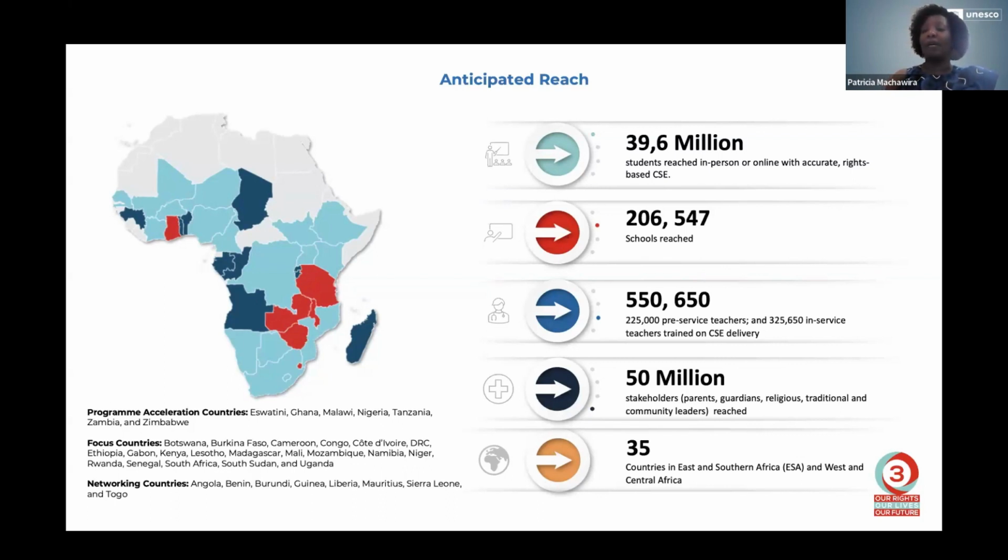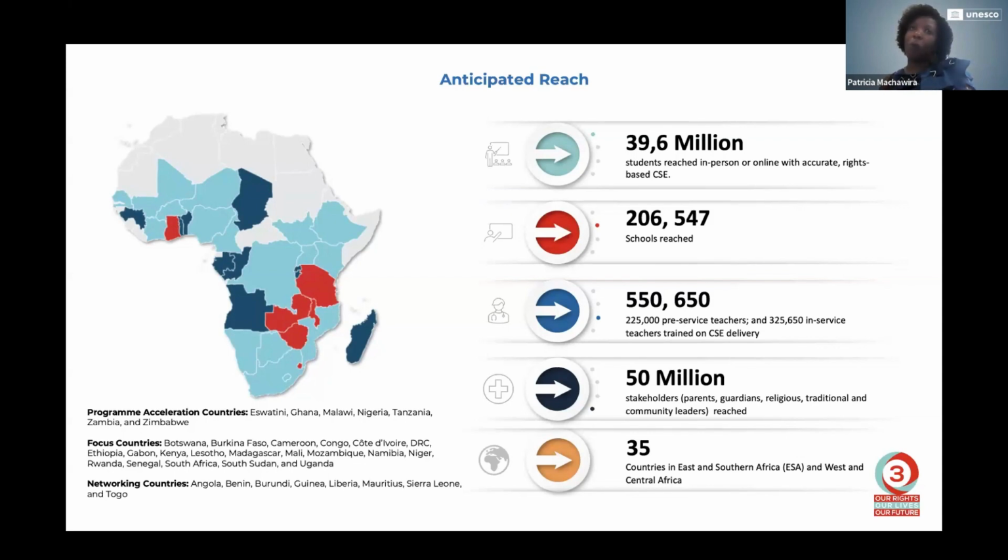These are your community members, family members, guardians, religious, traditional, and community leaders. So the map on the left just shows you the countries that are involved. It's being supported through the O3 program.